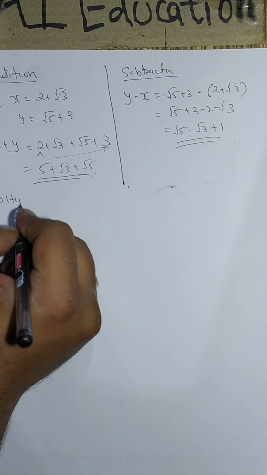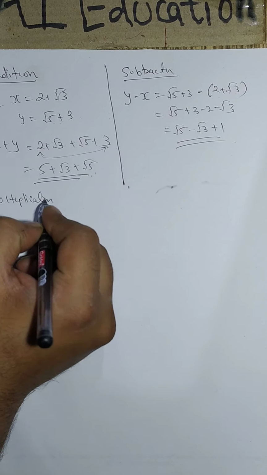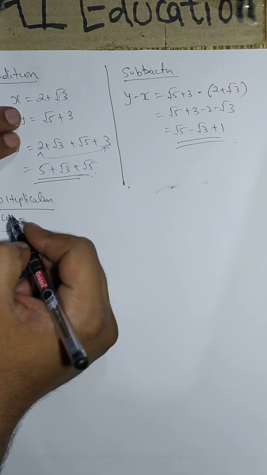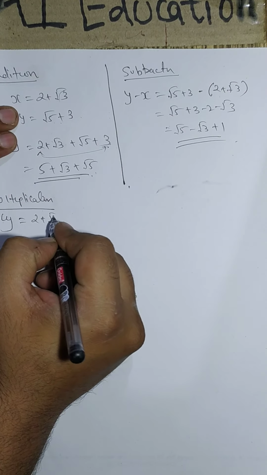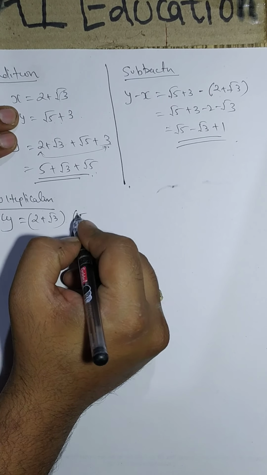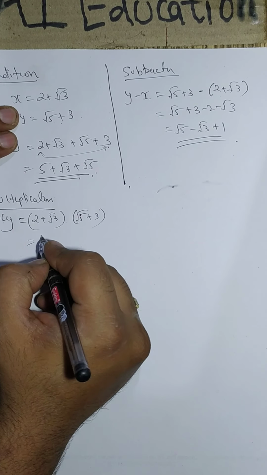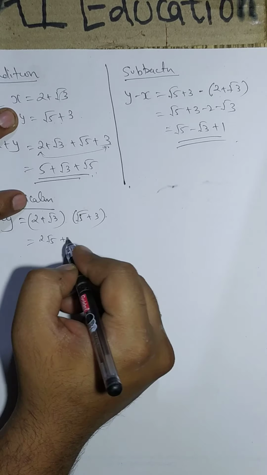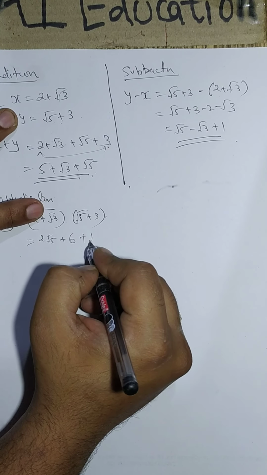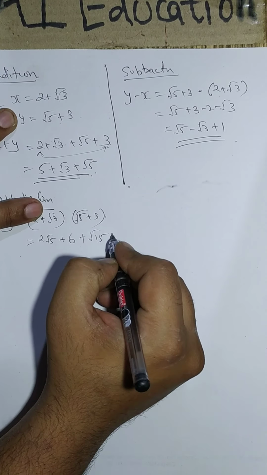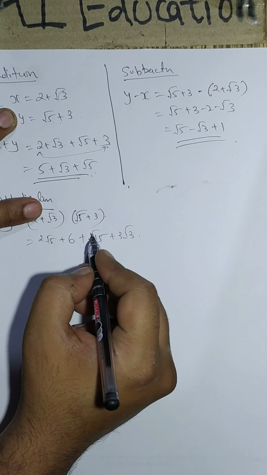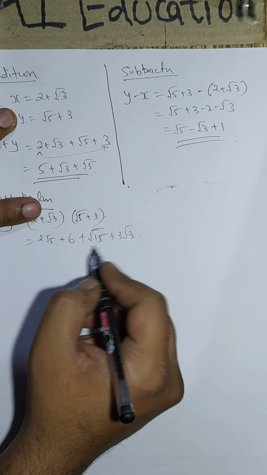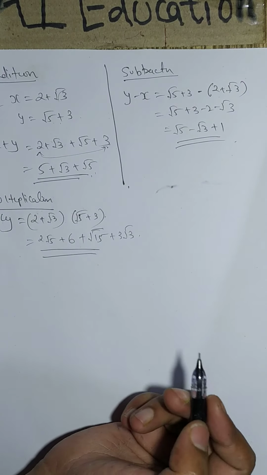Regarding multiplication, let us say we are asked to multiply these two numbers. So 2 into root 5, 2 threes are 6, root 3 into root 5 is root 15 and this will be 3 root 3. So no more simplification is possible.